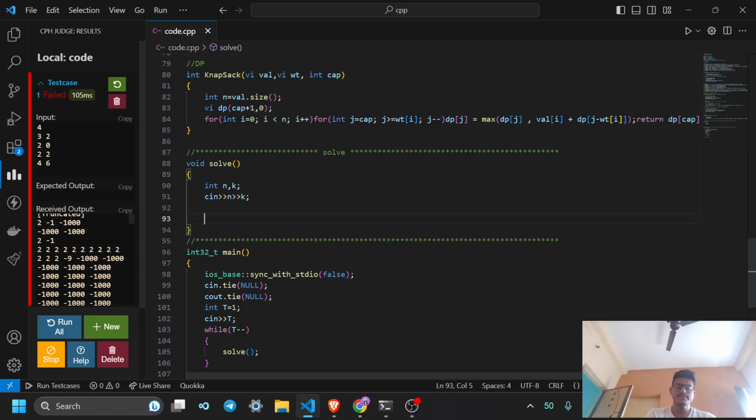So what is my problem? I am given two integers n and k, and I have to construct an array of size n, in which there are n into n plus 1 by 2 possible subarray sums, and out of them, k must be positive.